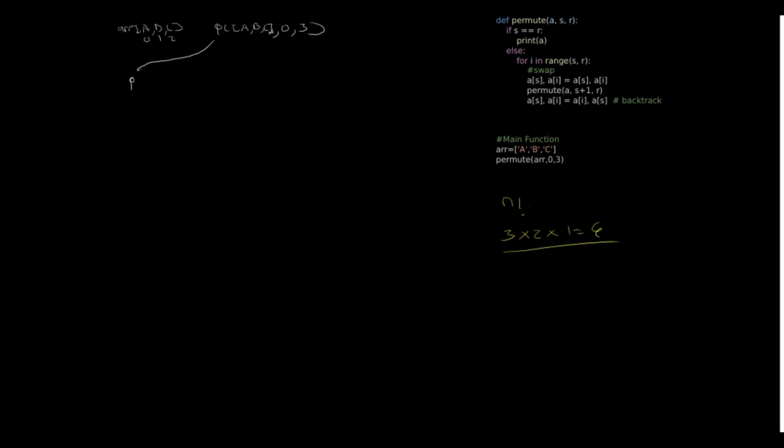Just want to make a note here: we're going to keep track of the I variable. So I is 0, and S will always be 0 in the main recursive call.